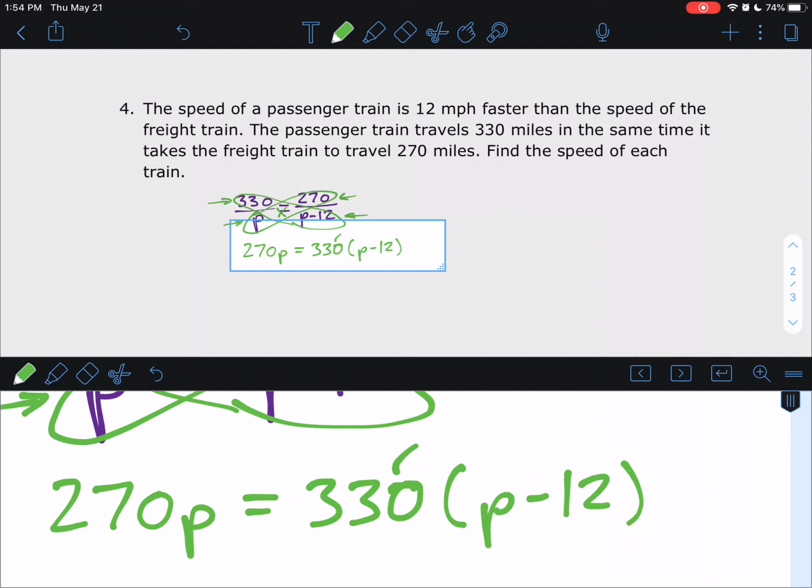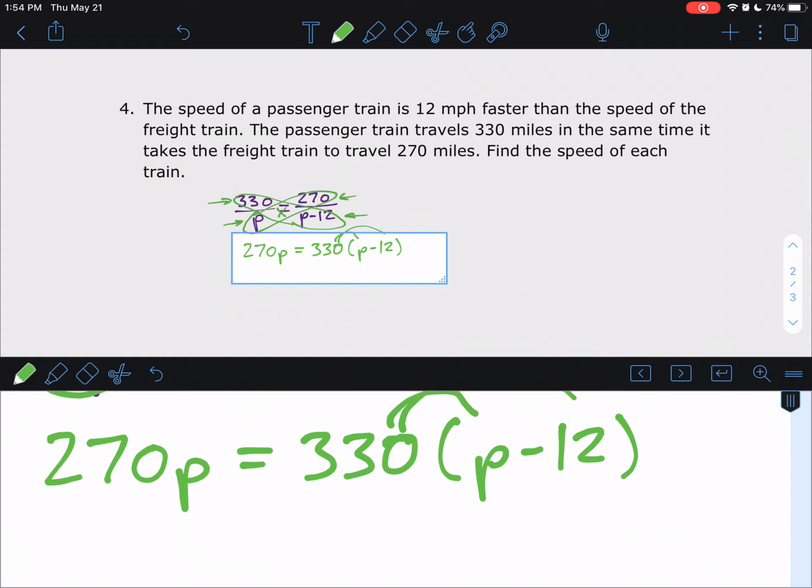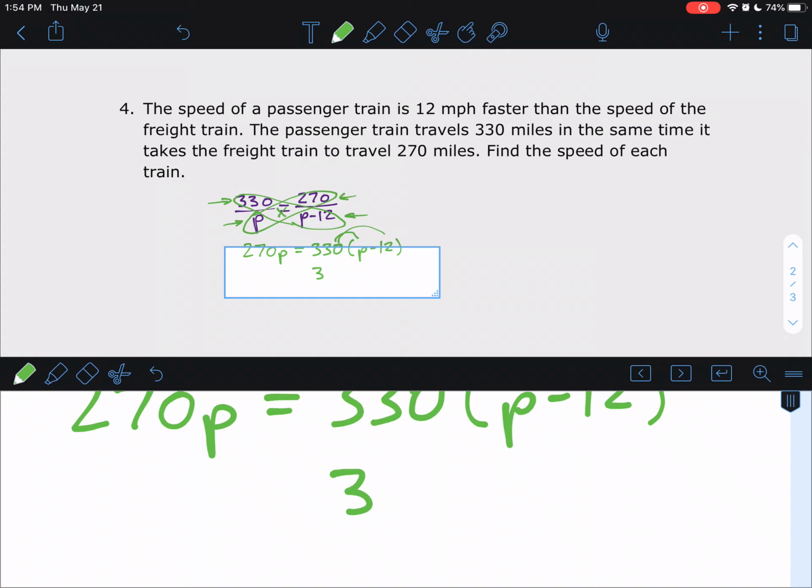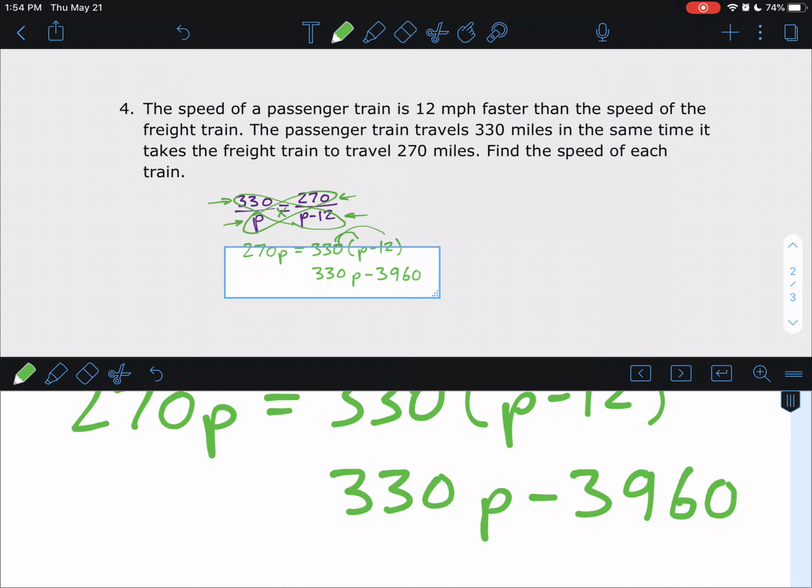And I distribute that 330. So that gives me 330P, and then my calculators are next to me, so I'll just do 12 times 330, which is 3,960. So I have 270P equals 330P minus 3960.